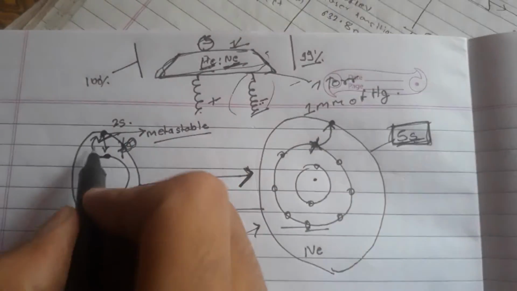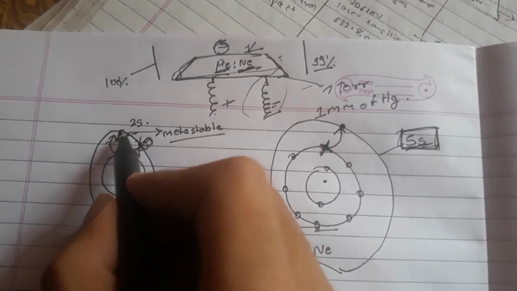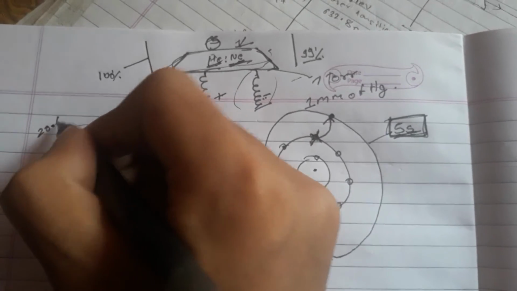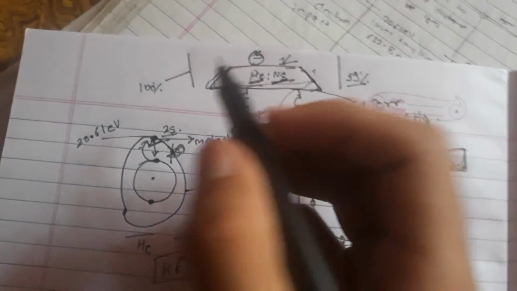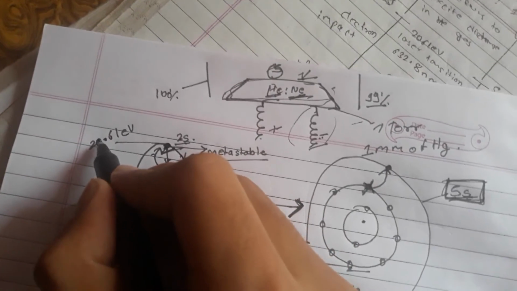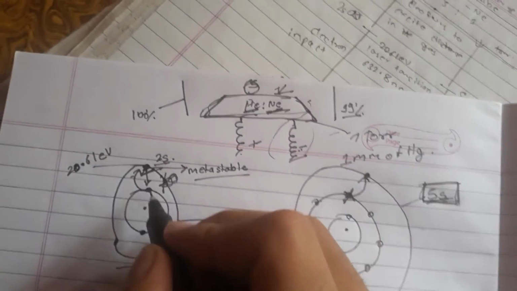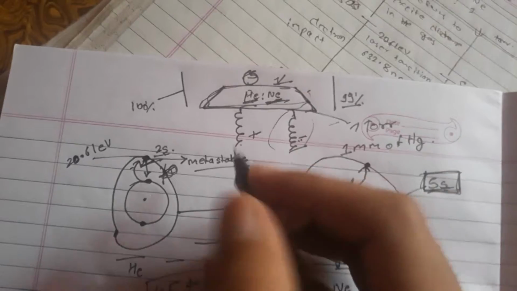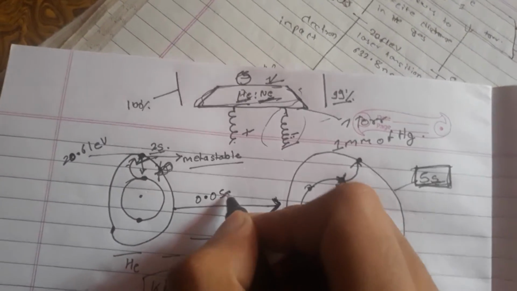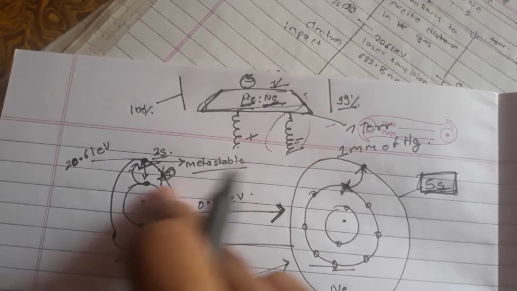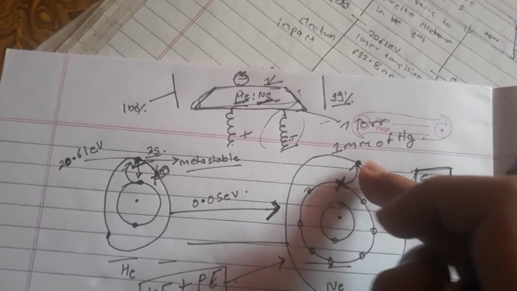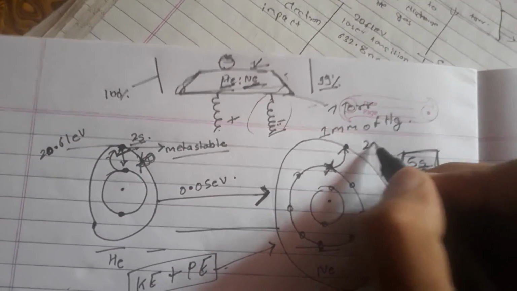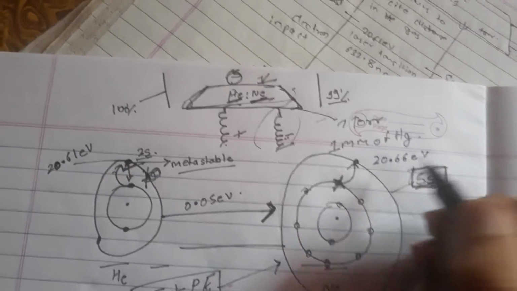Now numerically, when helium is excited to the 2s state, it has an energy of about 20.61 electron volts. That's the energy of the helium atom when it is excited. Now it gains some kinetic energy, which is around 0.05 electron volts, and when these two together collide with neon, it excites the neon atom's electron to an excited state, giving it an energy of 20.66 electron volts.